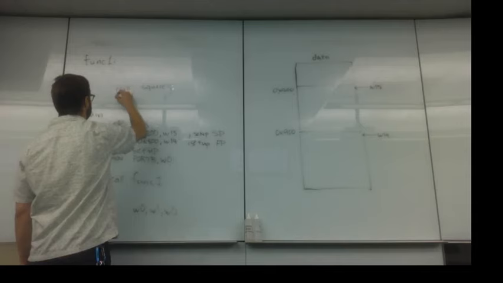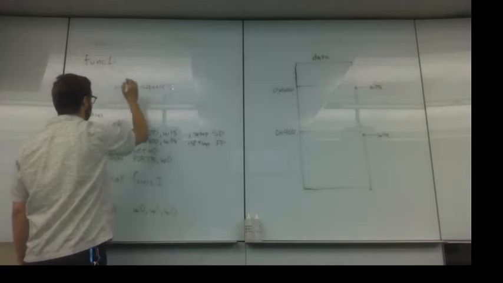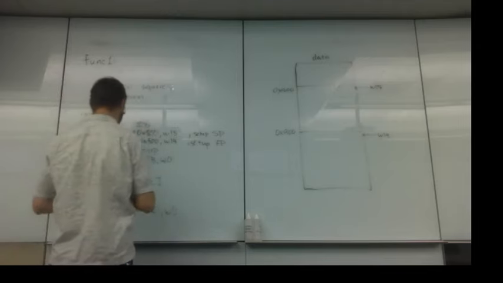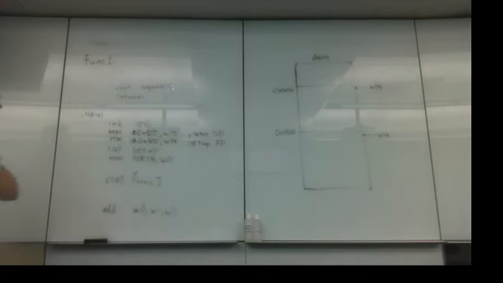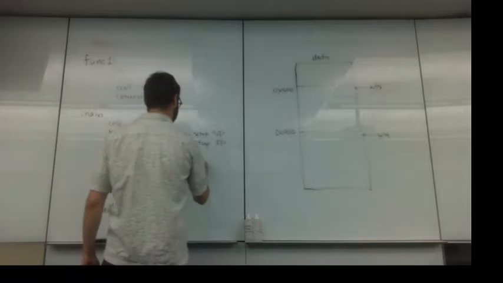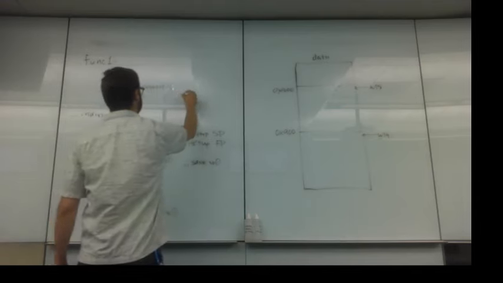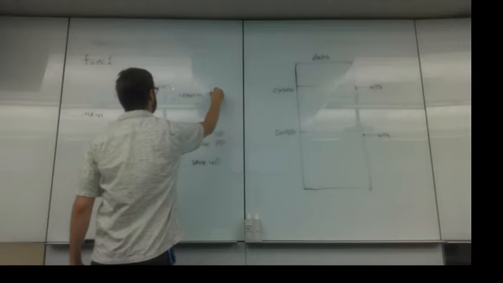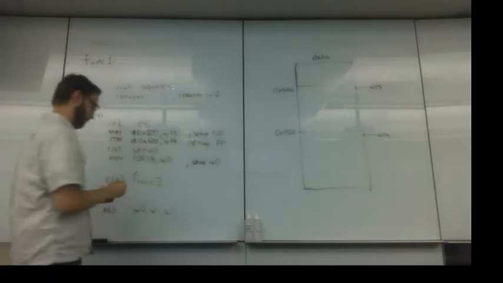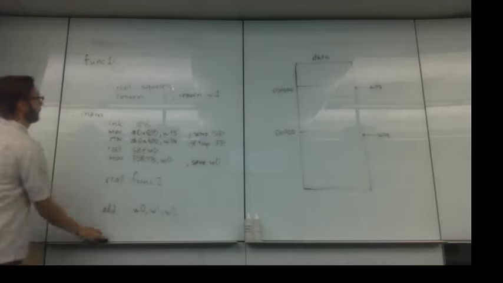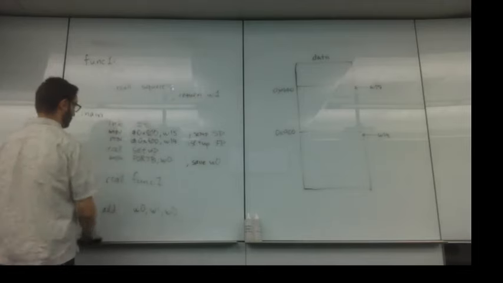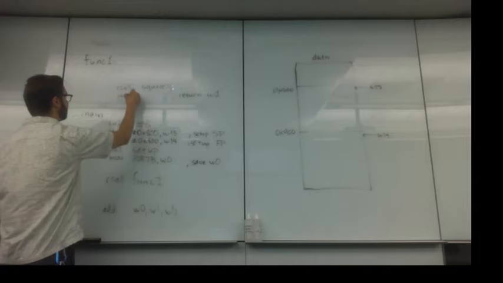And then return. Okay, so basically, long story short, we want to save W0. We want to return W1. And we better do an unlink, ULNK.